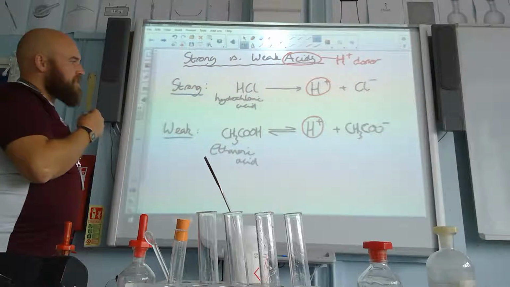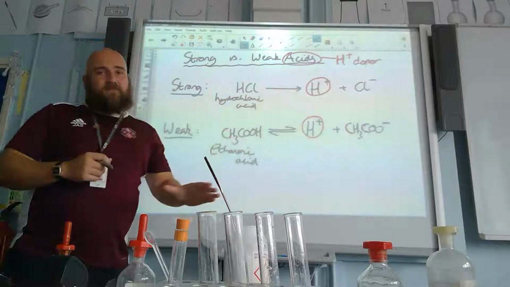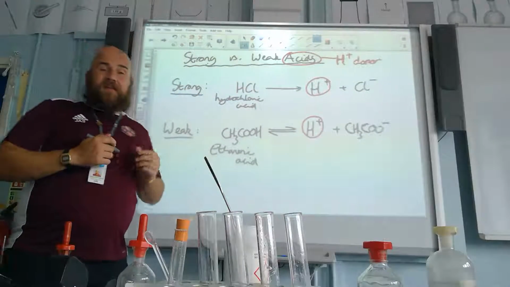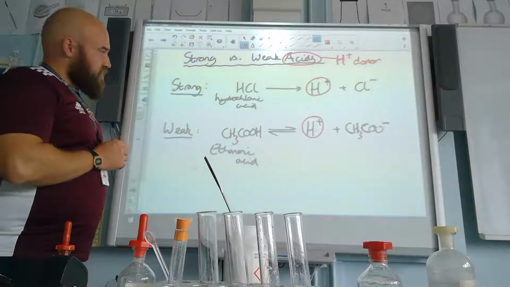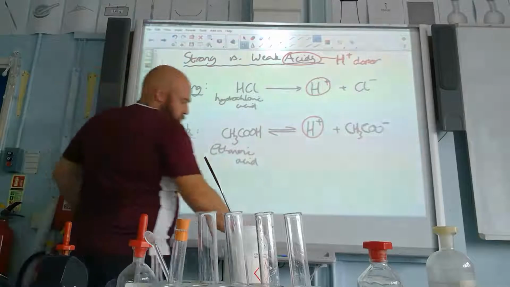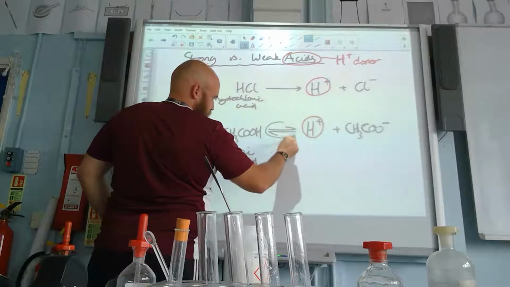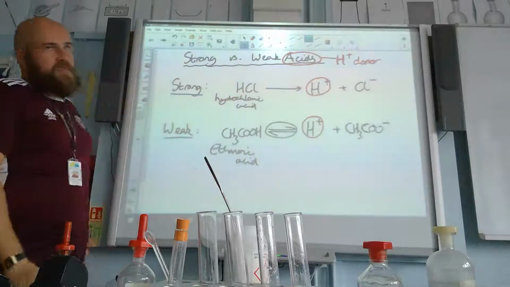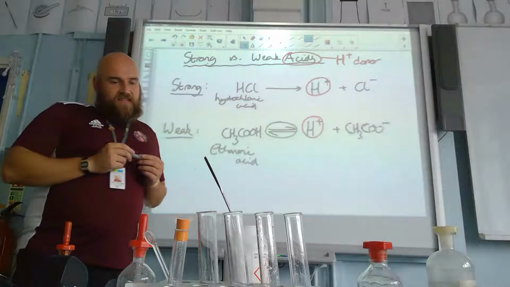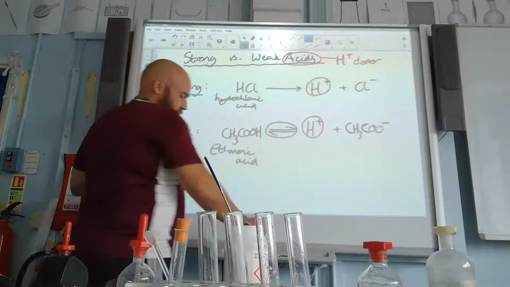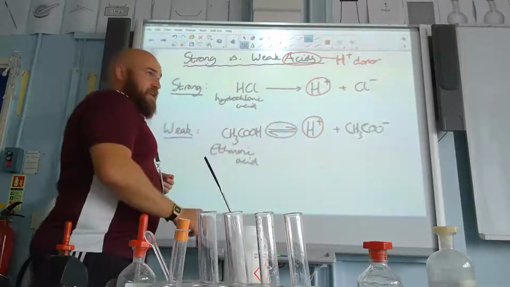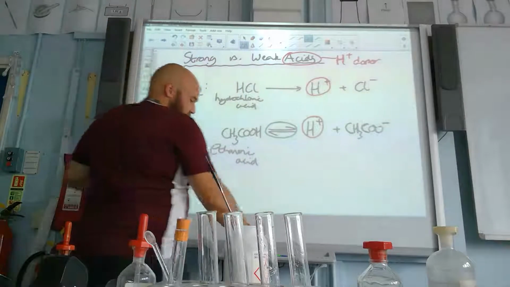What is the fundamental difference, the key difference between these two chemical equations? Hopefully you guys can spot it. It's all to do with that symbol there. That symbol has a very important place in chemistry, right?